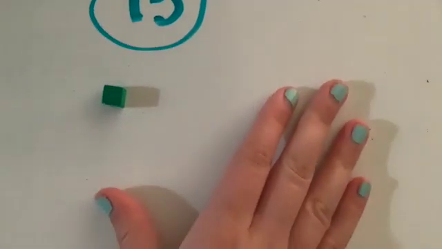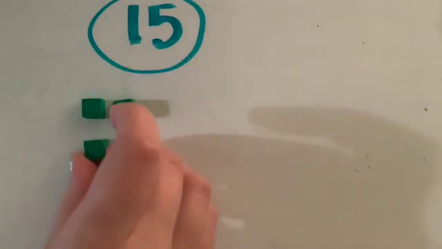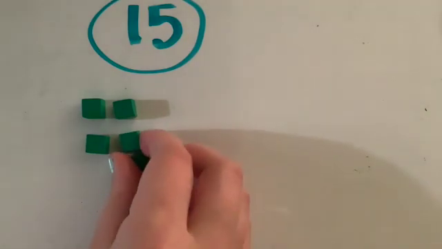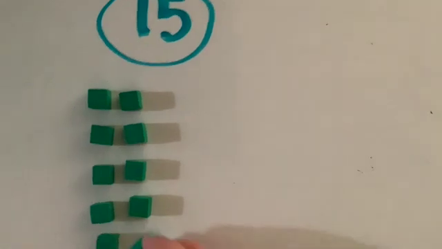So if you're counting with something, count out 15 or draw 15. 1, 2, 3, 4, 5, 6, 7, 8, 9, 10.